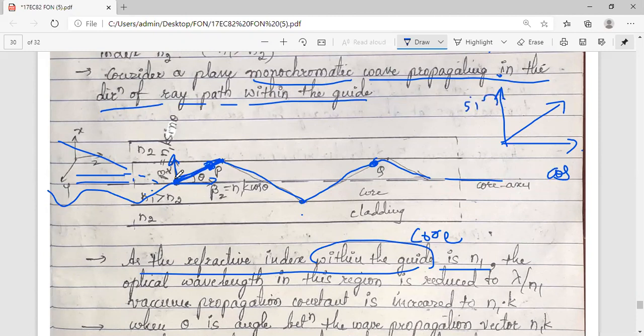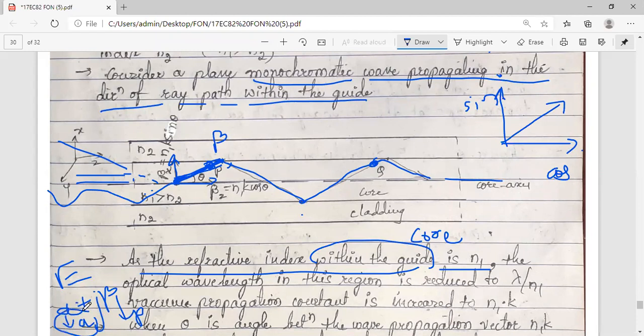So if I take this ray as beta, where is beta coming from? It is coming from gamma. What is gamma? You have already studied in microwave and antennas. Gamma is the propagation constant, which is given by alpha plus j beta. Alpha is the attenuation constant and beta is the phase constant.